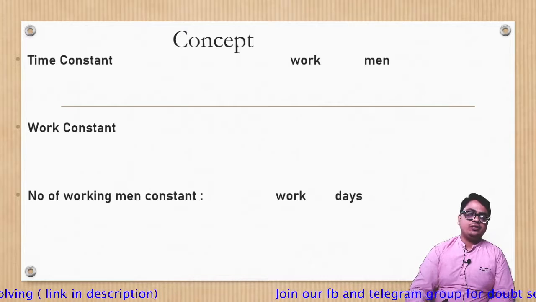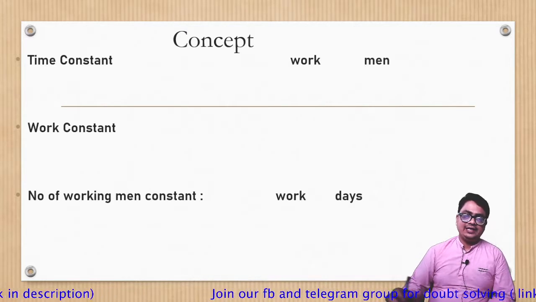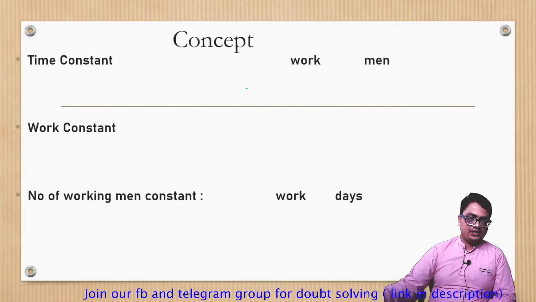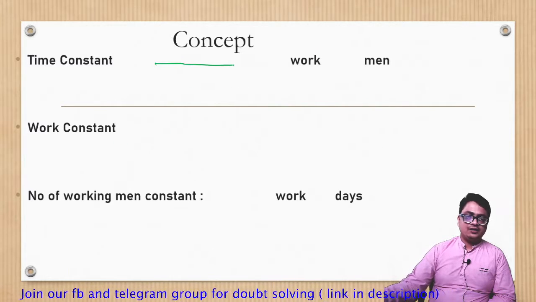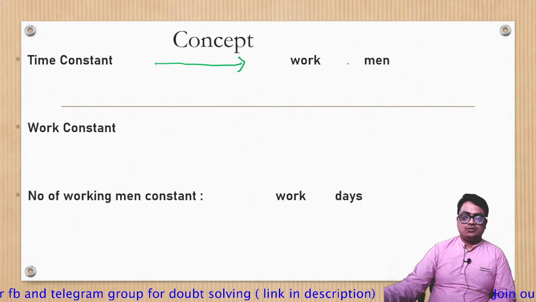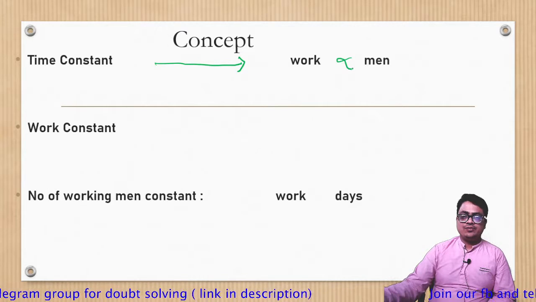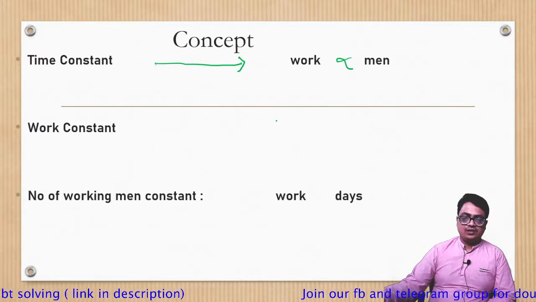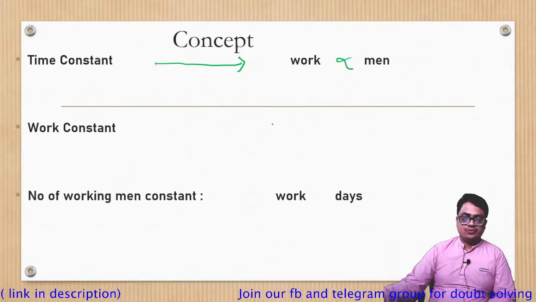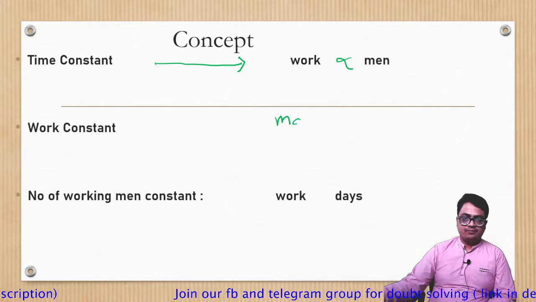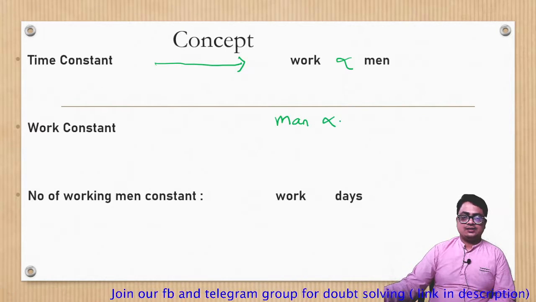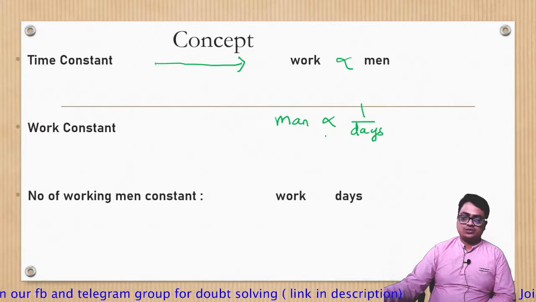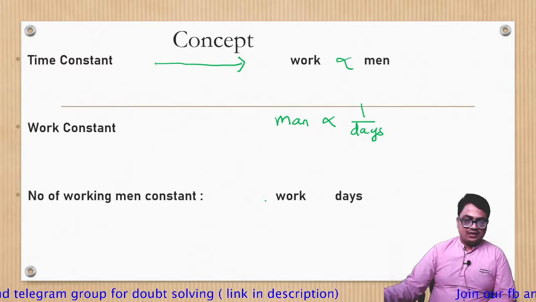Before going to the next question, we will be learning a few concepts. When time is constant, work is directly proportional to men. When work is constant, men are inversely proportional to days.